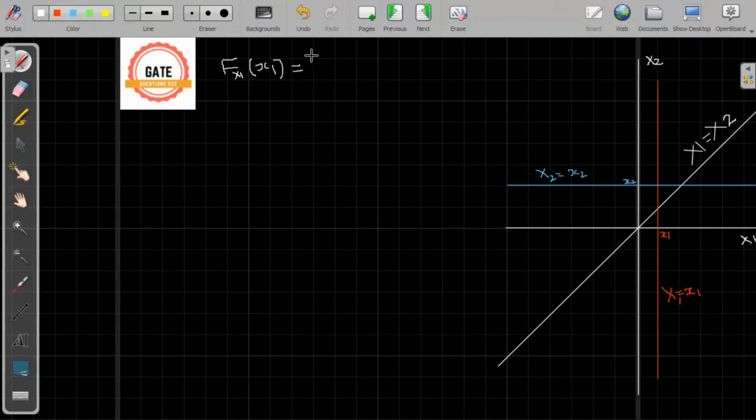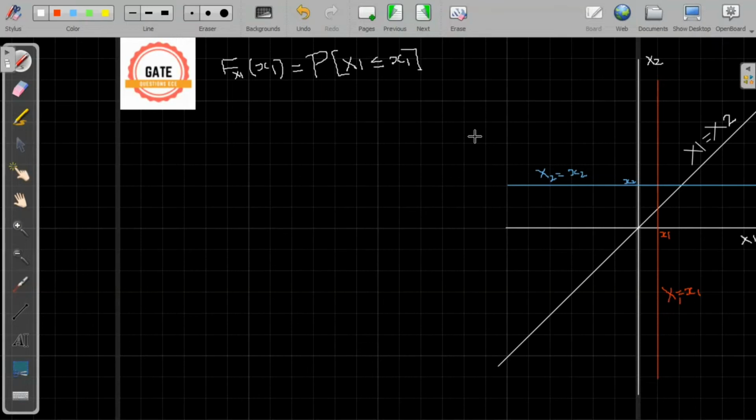It is equal to the probability that X1 is less than or equal to some sample value x1. Let's say this x1 sample value is this value. So this red line will be the line capital X1 equal to small x1. According to this formula, graphically this is the probability that random variable X1 lies to the left of this line or on this line.